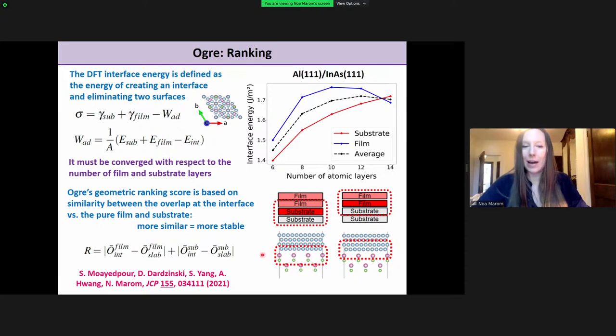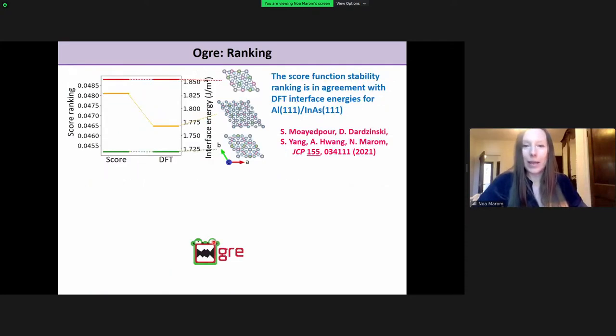The idea is that the smaller these differences are, the more similar the interface environment is to the bulk environment of this material, and that would make for a more stable interface. Again, it's a simple-minded geometric idea, but you can see that we get a ranking that's in agreement with the DFT ranking, which is pretty good for a crude geometric model.